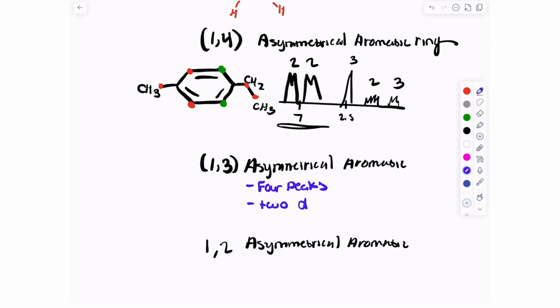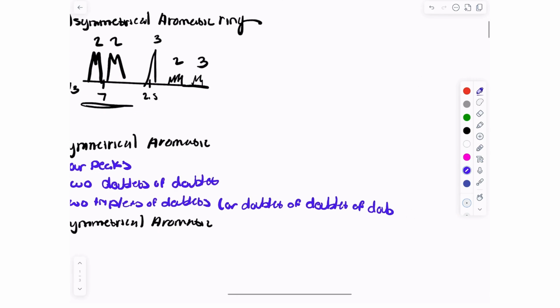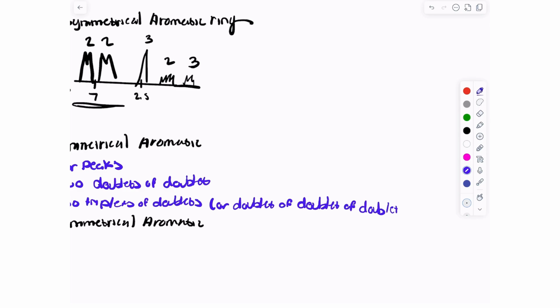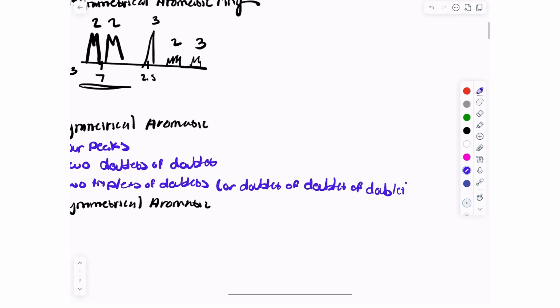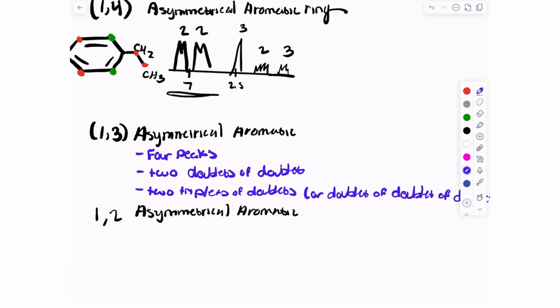You're going to have 2 doublets of doublets, and you're going to have 2 triplets of doublets, or doublet of a doublet of doublet, which is why I said it's kind of harder to identify or understand, because when you get into multiplets like this, doublet of doublet of doublet, it's really hard to see that when you're looking at a problem.